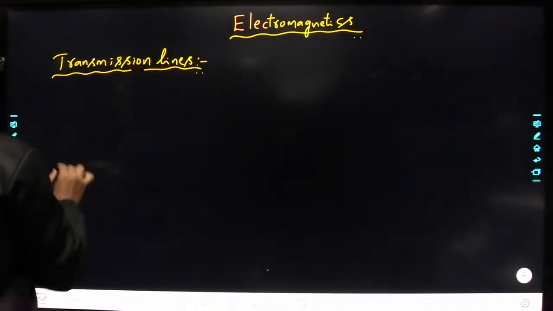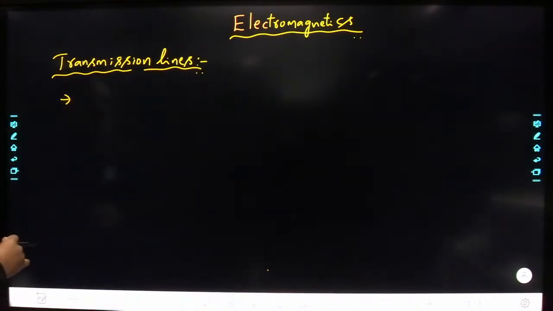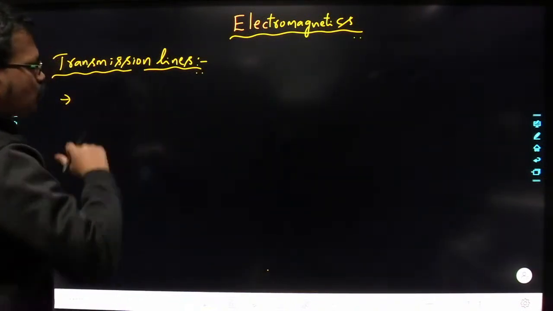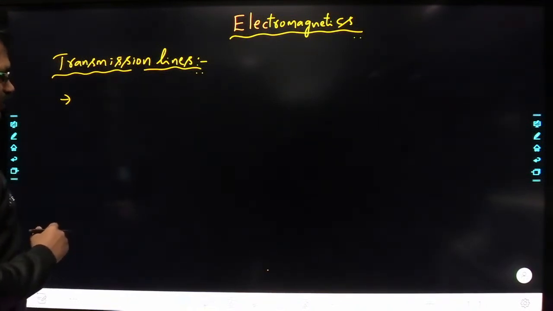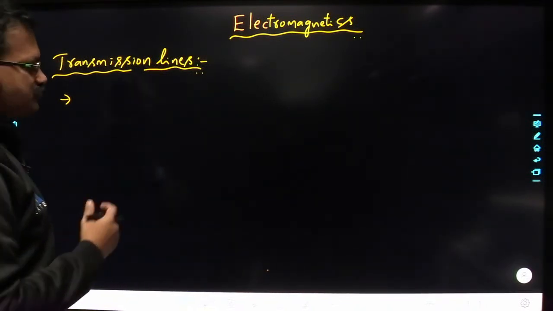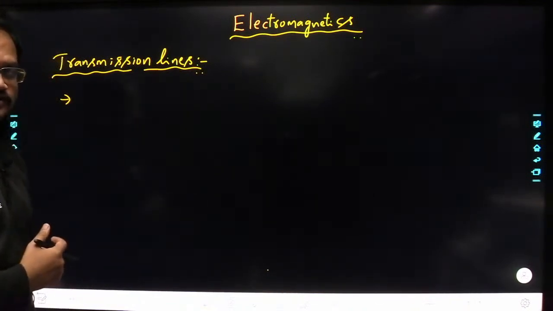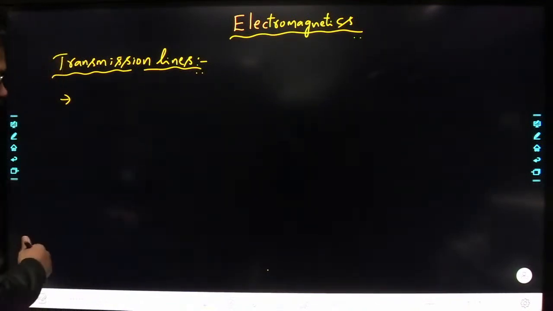In transmission lines we have seen different types of transmission lines, that is two parallel wire line, coaxial cable and microstrip transmission line. These are the different types of transmission lines which are operated at different frequencies. Yes or no? Okay.